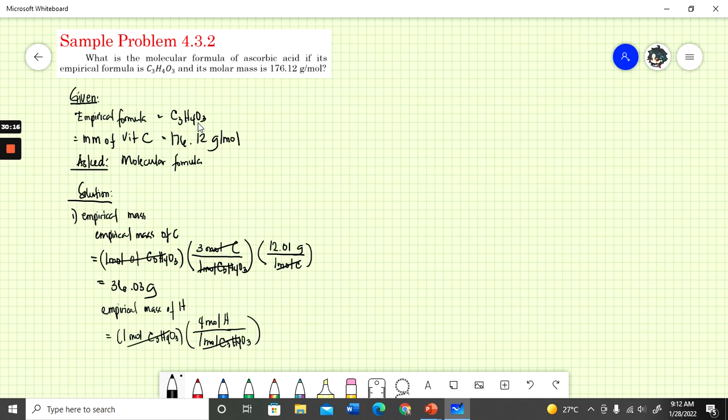This gets cancelled, and remember the atomic weight of hydrogen, there is 1.008 grams per 1 mole of hydrogen. The mole gets cancelled, which leaves you with 4 times 1.008, and that is equal to 4.032 grams.